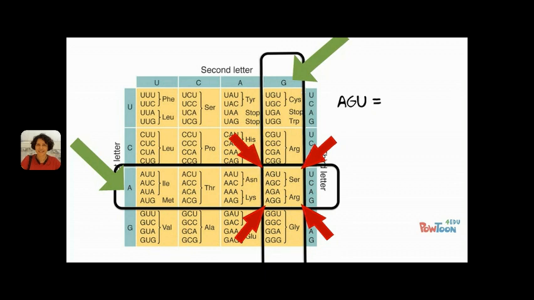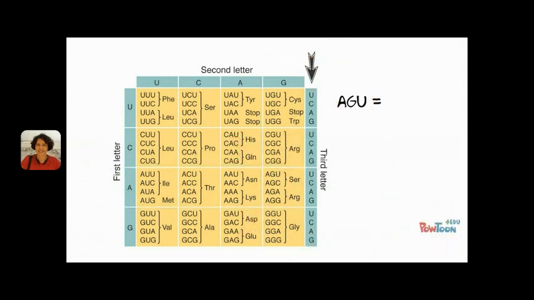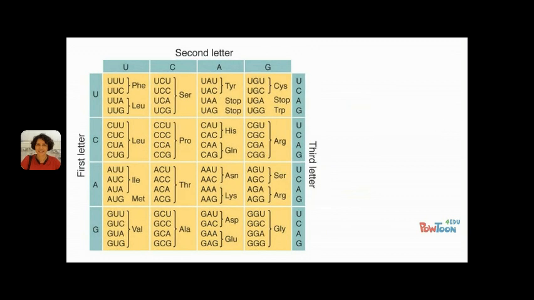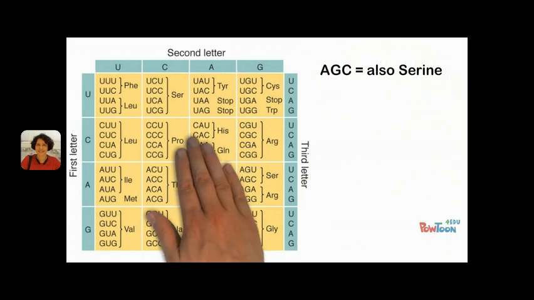The third letter is shown in the teal column on the right side of this cell, in the order U, C, A, G, from top to bottom. AGU is the first codon in this cell, and it stands for the amino acid SER or serine. You can see that the next codon down, AGC, also codes for serine.